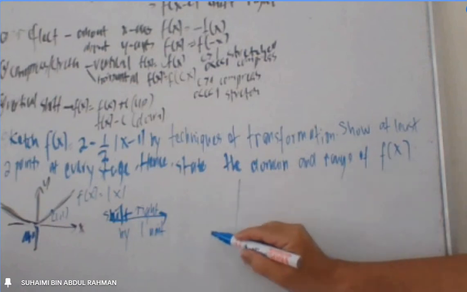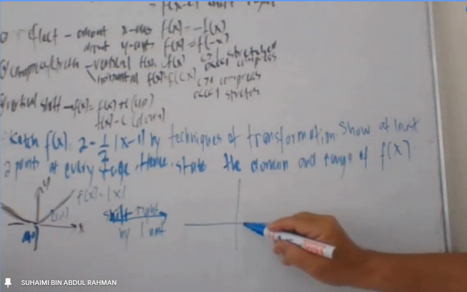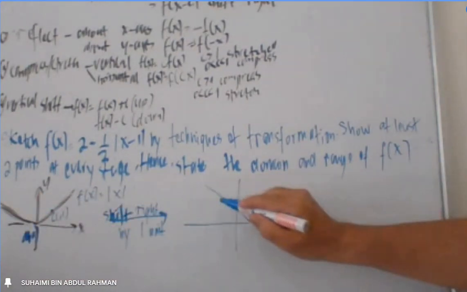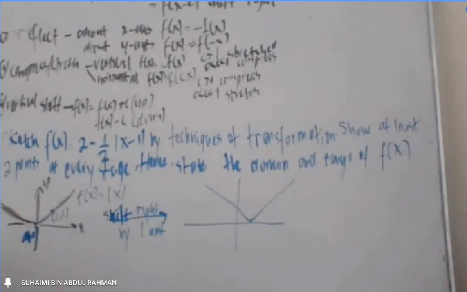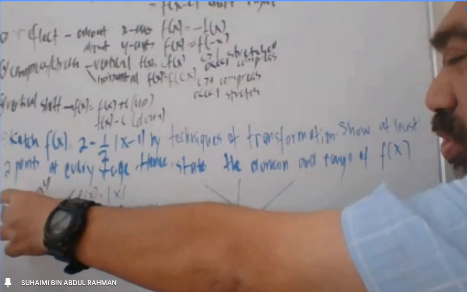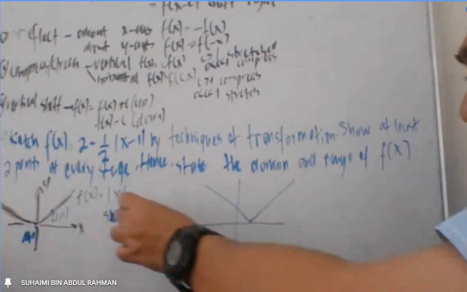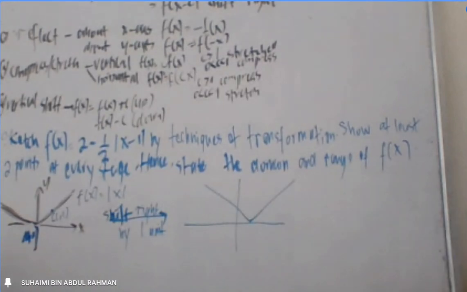Meaning that our new graph will go to here. We shift to the right. You can see the meaning of shifting.